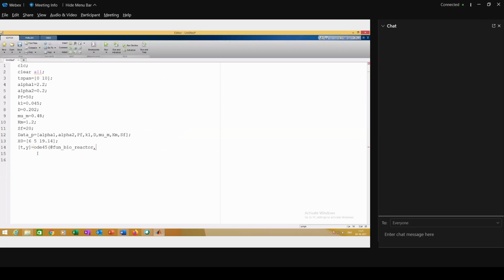Then I need to give the initial condition as well. So I have tspan, then the initial conditions, then I need to give empty brackets, and then I need to supply data_p.